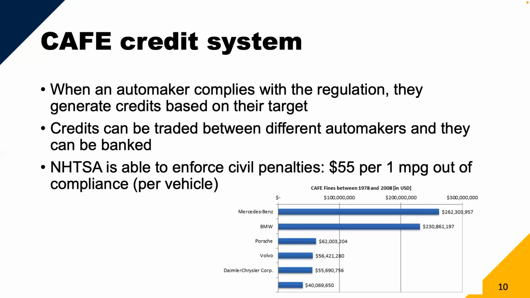That usually only happens within an automaker group. American manufacturers tend to be right around compliance. And then a lot of European automakers tend to be out of compliance and just pay penalties. So between 1978 and 2008, you can see a lot of the luxury brands just choose to pay the penalty as opposed to comply.